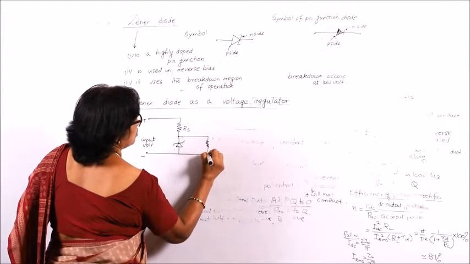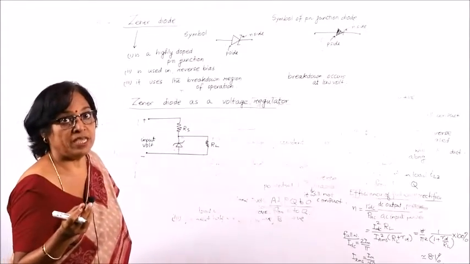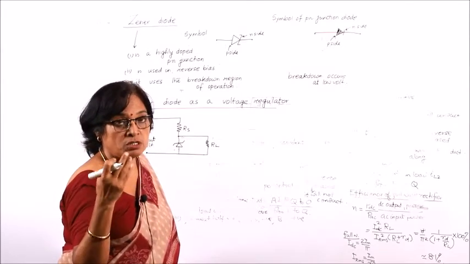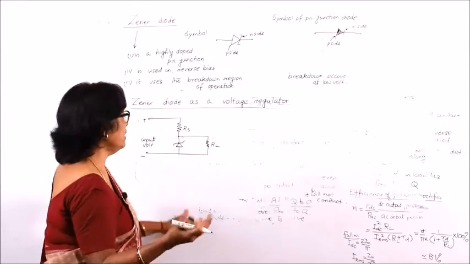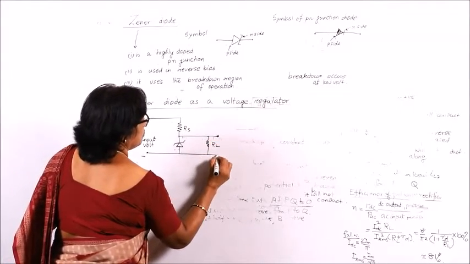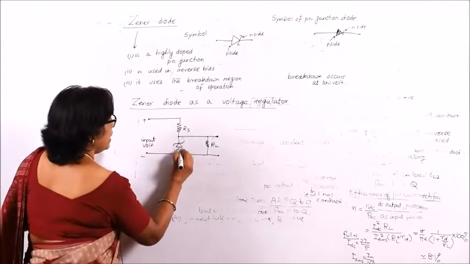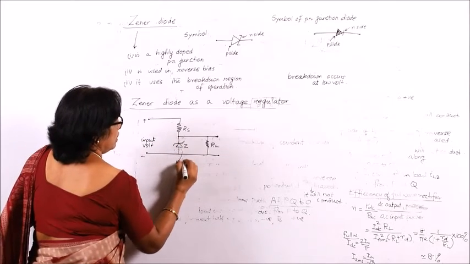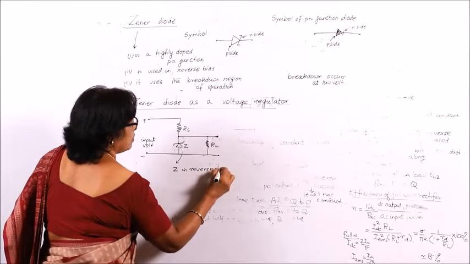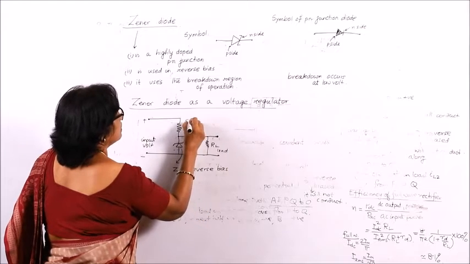This is the load, meaning anything to which you are applying the voltage. It may be your circuit, or some light bulb or anything. This is my output voltage. A series resistance, the Zener in reverse bias, this is my load.